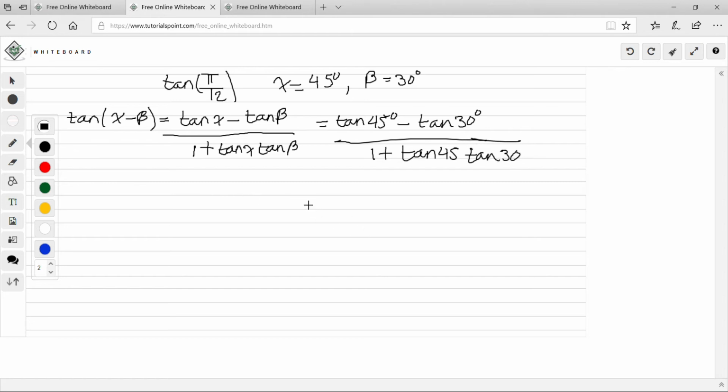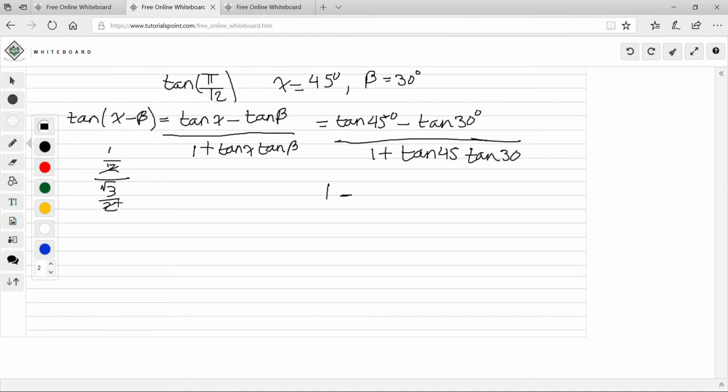Tangent of 45 is 1, not root 2 over 2. So tangent of 45 is 1, minus tangent of 30. Tangent of 30 is y over x, so it's 1/2 divided by root 3 over 2.